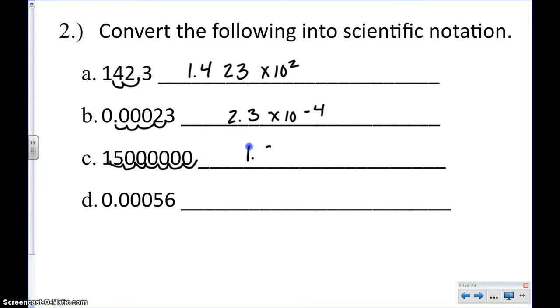So that's 1.5 times 10 to the 7th. Here, 1, 2, 3, 4. So 5.6 times 10. We went this way, so that is a negative 1, 2, 3, 4. I lost track. Negative 4. So those are the answers to number 2.